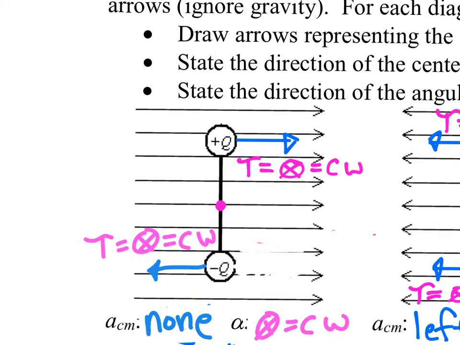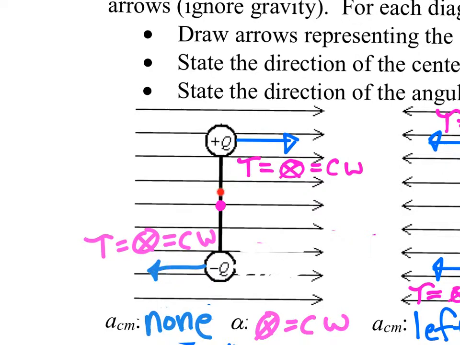Both of these will. Remember, torque is R cross F. R is the vector that goes from the center to the point of force, and then you cross that with F. So if you point your fingers in the direction from the center down to the bottom, and then you curl your fingers in this direction, your thumb points into the page.